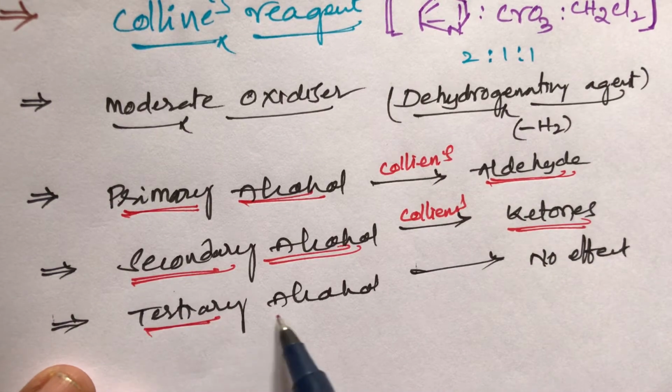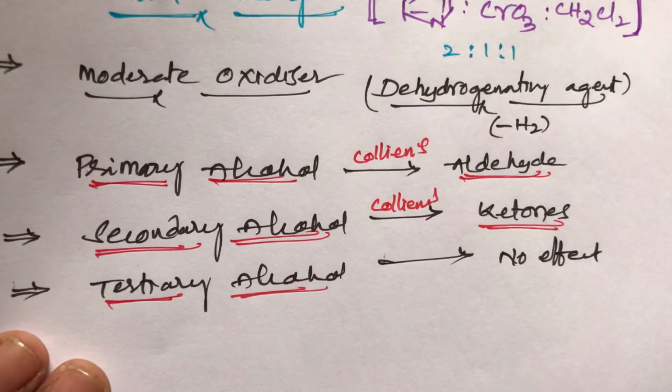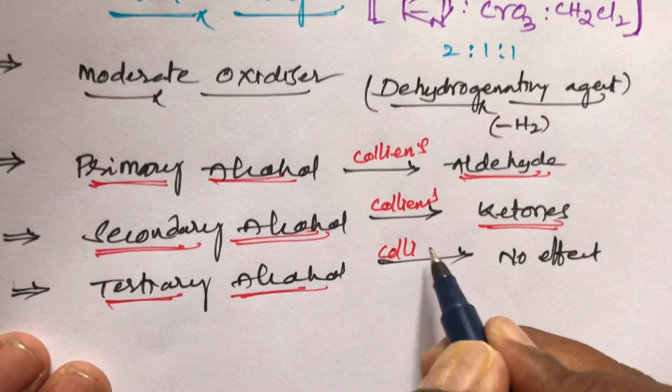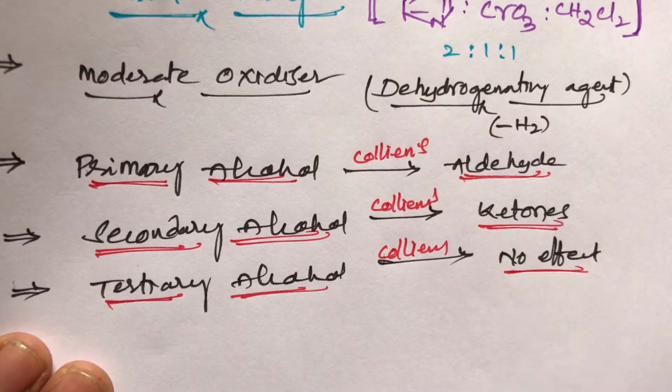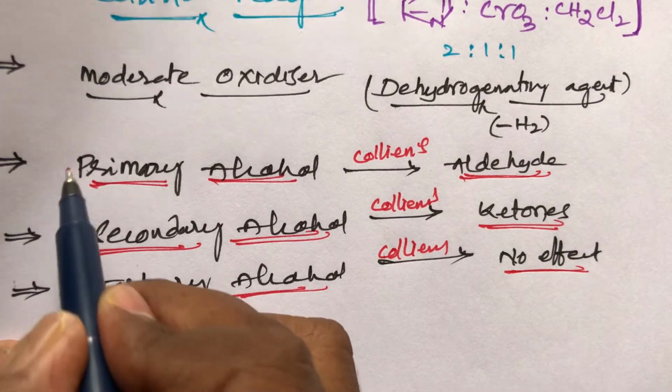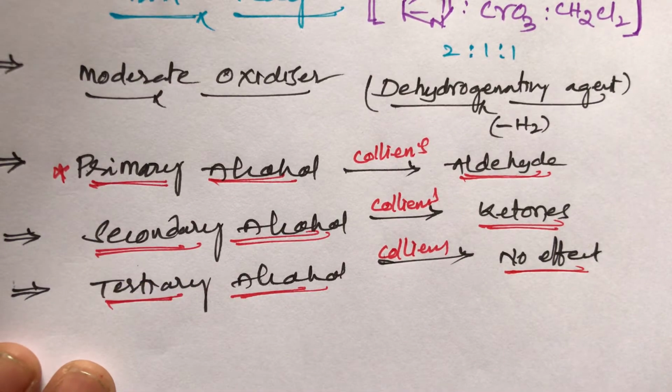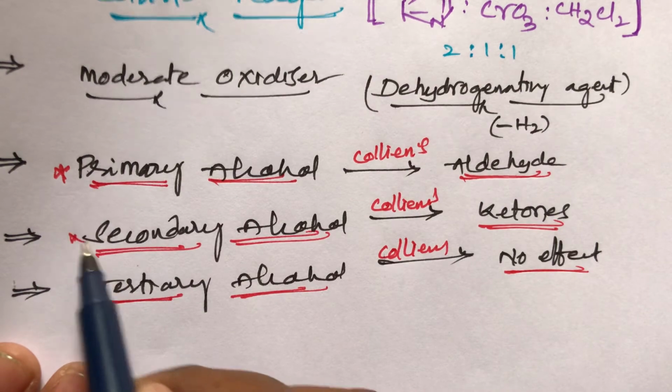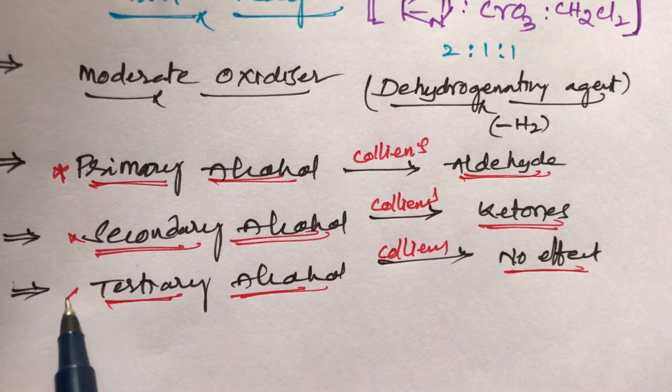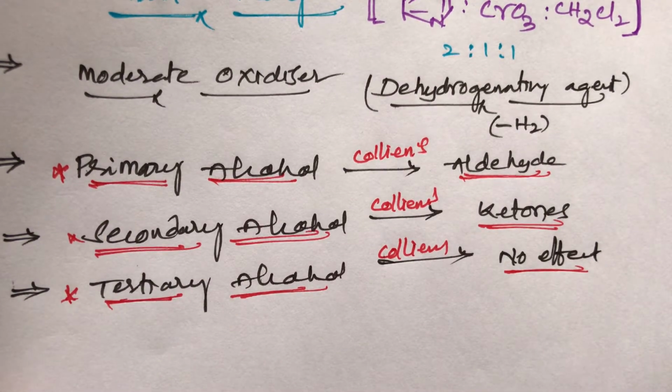When tertiary alcohols undergo oxidation with Collins reagent, there is no effect. This Collins reagent can oxidize primary alcohols and secondary alcohols, but cannot oxidize tertiary alcohols.